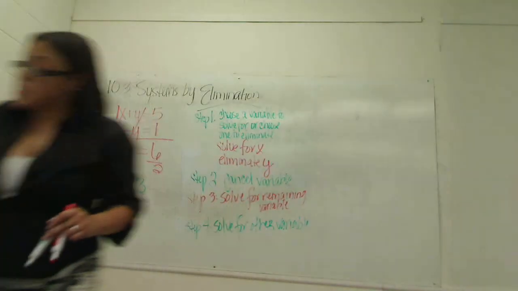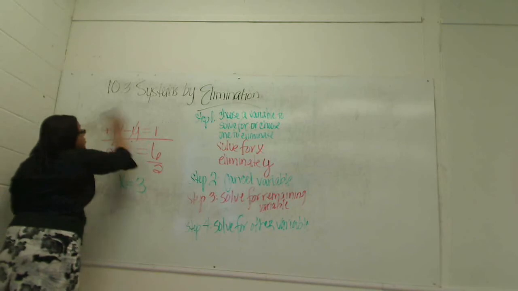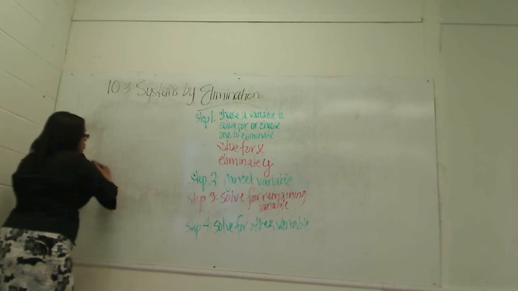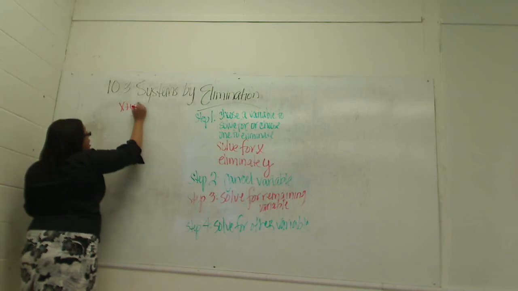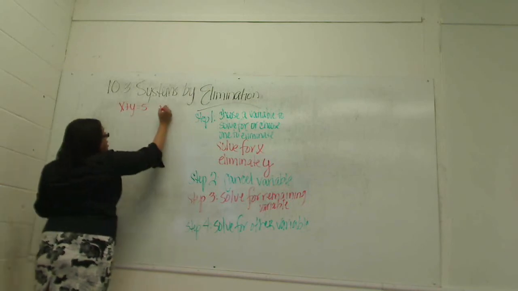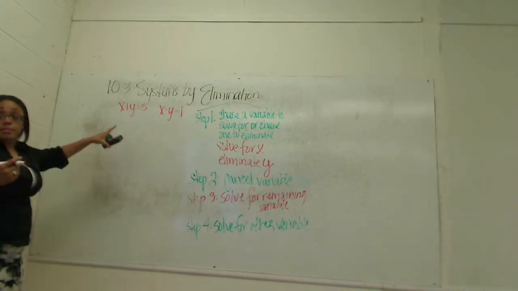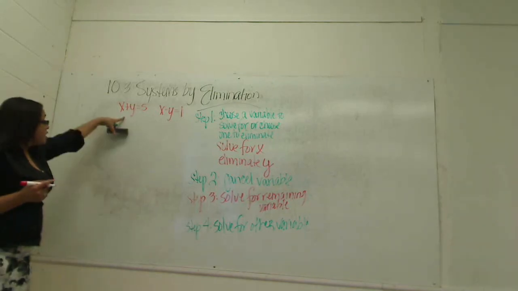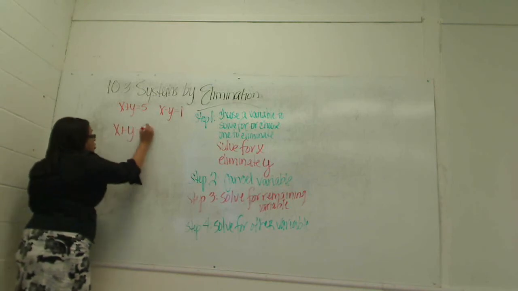I know that x is equal to 3. The equations we just had: x plus y equals 5, and x minus y equals 1. Choose one. I'm going to go with this one. So I know that x plus y equals 5.